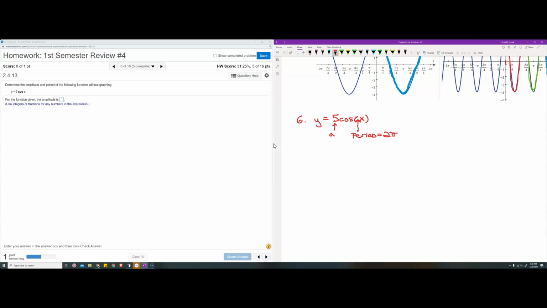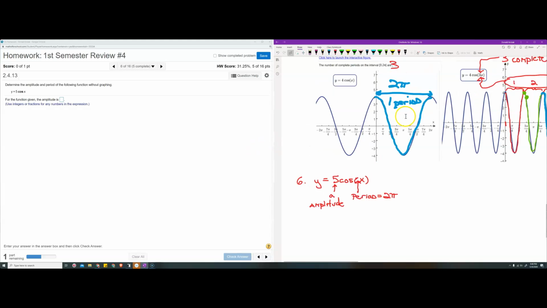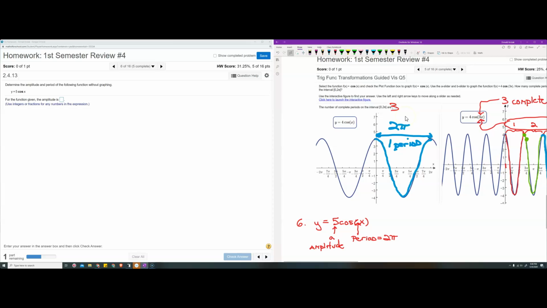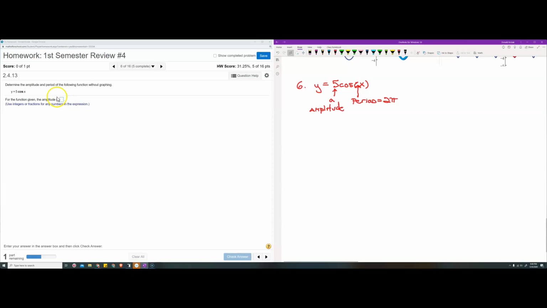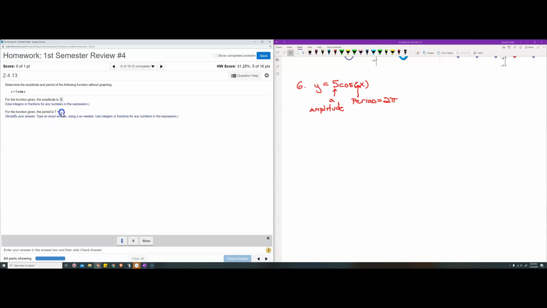And my amplitude is 5. All that means is this height here would go all the way up to 5. That's how tall the hills would be. So amplitude 5, and the period is 2 pi.